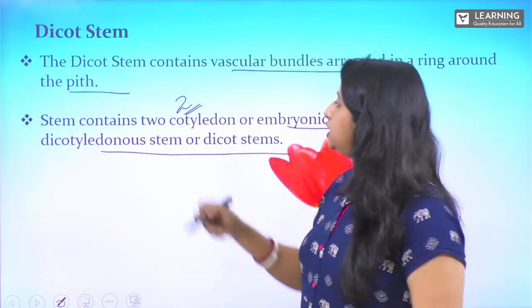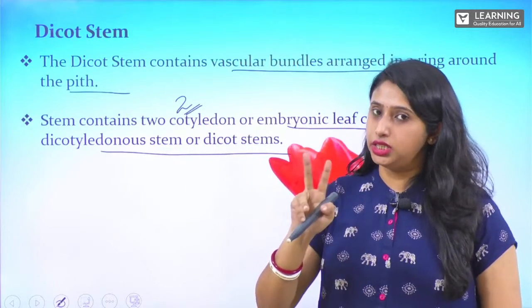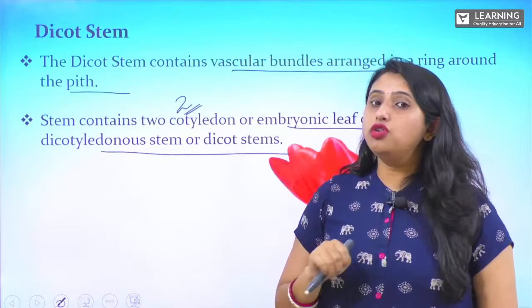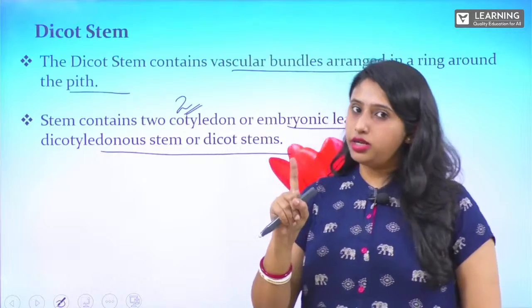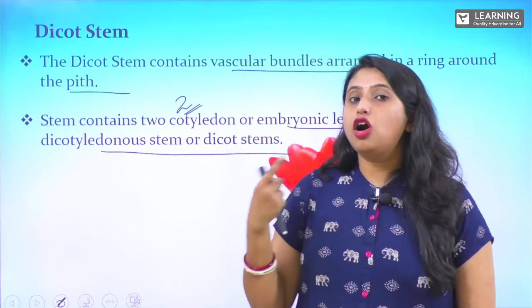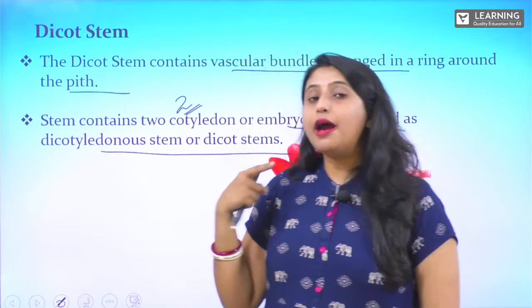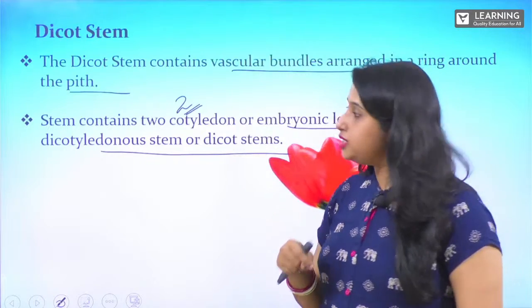They have two cotyledons, whereas in the case of monocot stem or monocot plant, we will see only one cotyledon. What is a cotyledon? Cotyledon is nothing but an embryonic leaf. Now let us study the anatomy of your dicotyledonous stem.